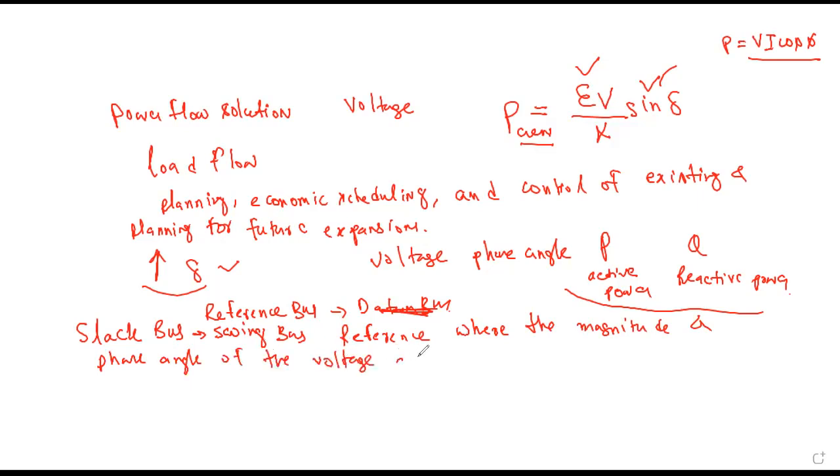So here there are two quantities specified: one is your voltage and another is your phase angle. This is the bus that makes up the difference between the scheduled loads and the generated power. What are the loads you have and the power that is generated? It will give you the various losses in the network. So this is a very important bus.